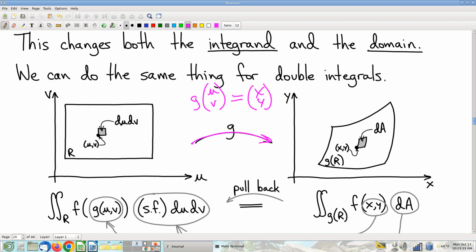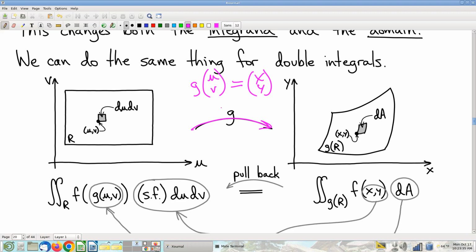And I can play the same, morally equivalent process. Whatever domain I might have over here on the left, I can take all these points one at a time, plug them into g, and a bunch of points come out, all together. This whole domain turns into a really different set of points over here, depending on the function g.